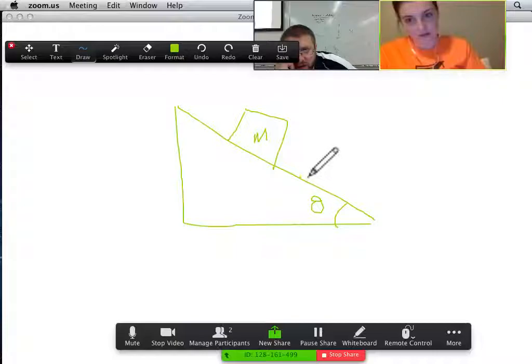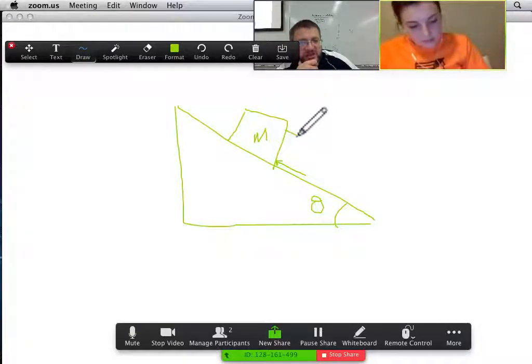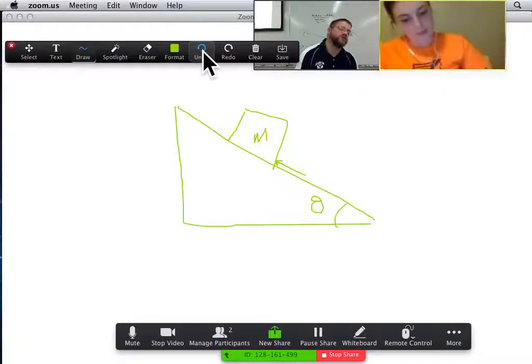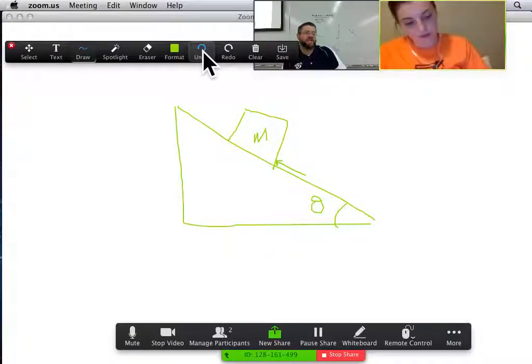From bottom right to top left. So the friction is going this way because even if it's not moving, it wants to slide this way, right? So that's what we call impending movement. The impending movement being downward to the right, the friction will go upward to the left. Now, is this kinetic friction or static friction?